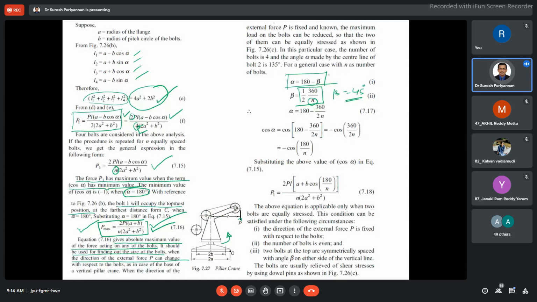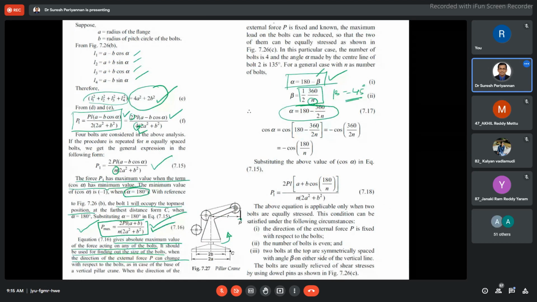Generally alpha is 180 minus beta. Substituting the beta value in this equation 1, alpha is equal to 180 minus 360 divided by 2n. Then cos alpha is cos of 180 minus 360 divided by 2n.